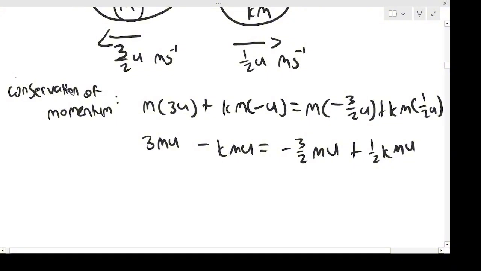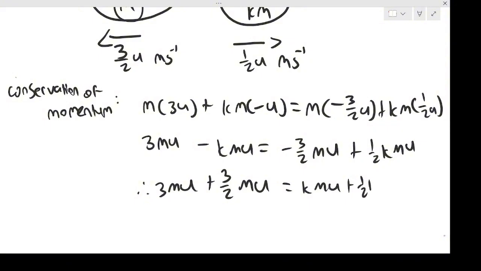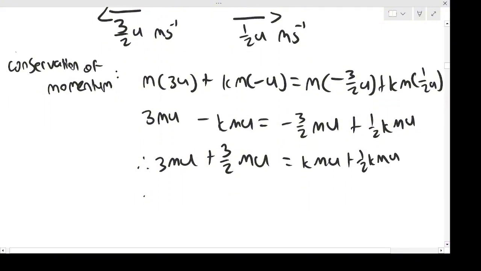Then I can move stuff. So I have 3mu add 3 over 2 mu is kmu add a half kmu. So get all the k's to one side. Then I can collect the terms. 3 lots of mu and 3 over 2 lots of mu is 9 over 2 lots of mu.